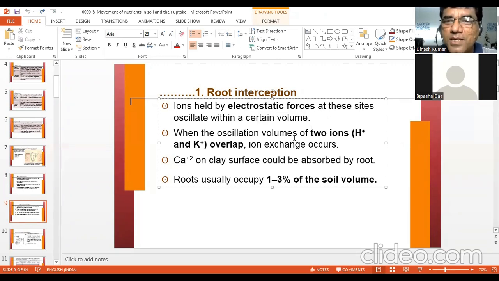So when the oscillation volume of two ions, H ion and K ion, overlap, when they touch each other while dancing, they are exchanged. So ion exchange occurs by dancing, I can say dancing. Calcium ion on clay surface could be absorbed by root. Calcium can be replaced, potassium can be replaced, but this is mostly positively charged ions.